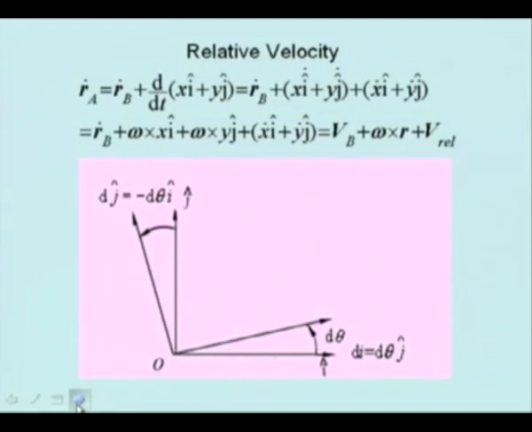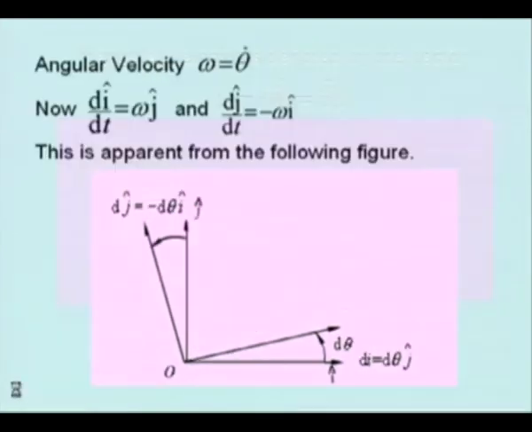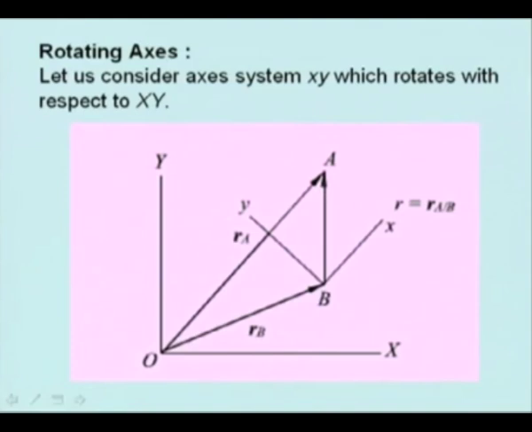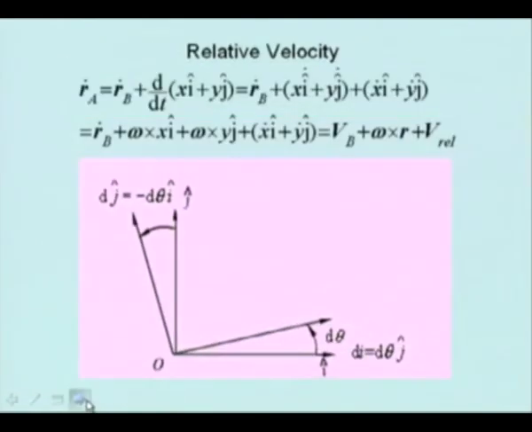Now, the relative velocity of the point A with respect to the moving frame xy can be found by differentiating the basic relation r_A is equal to r_B plus r_B/A. Differentiating with respect to time, we get r dot A is equal to r dot B plus d by dt of (xi plus yj).